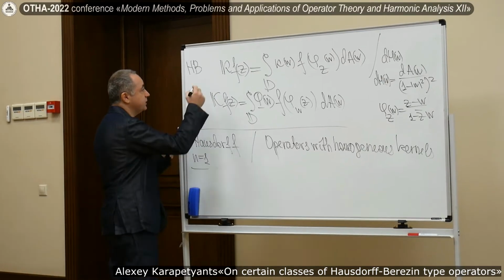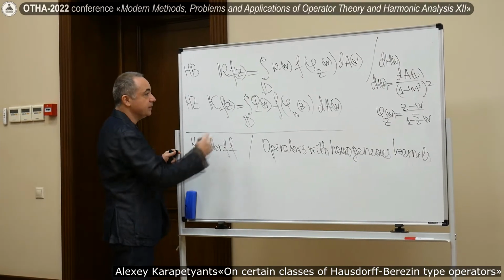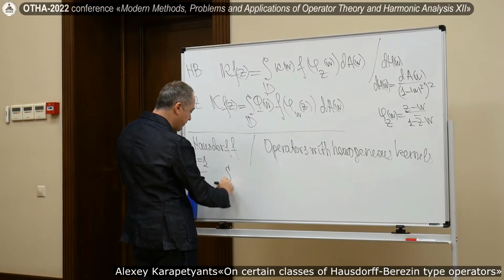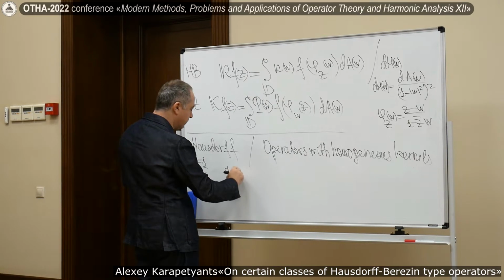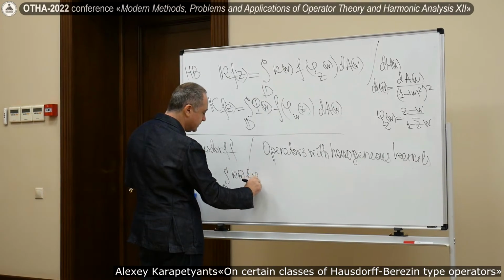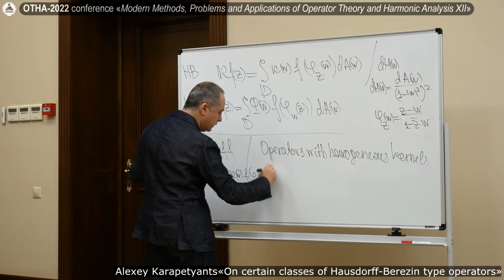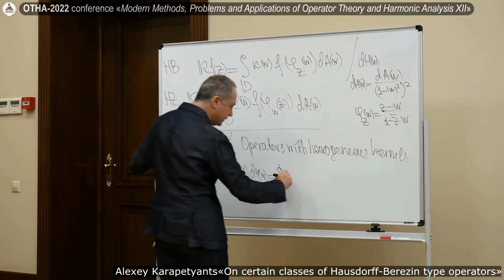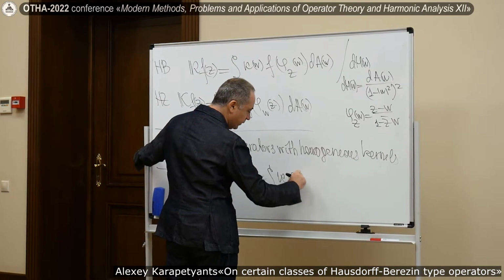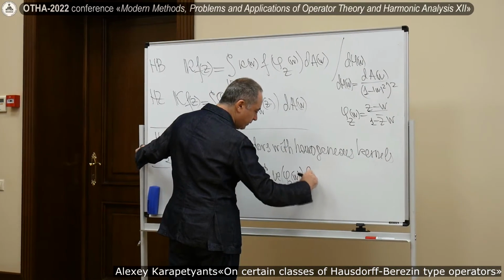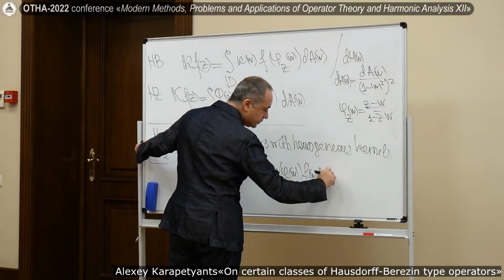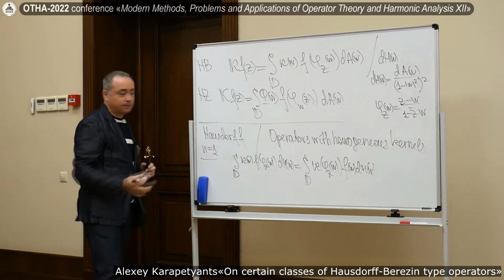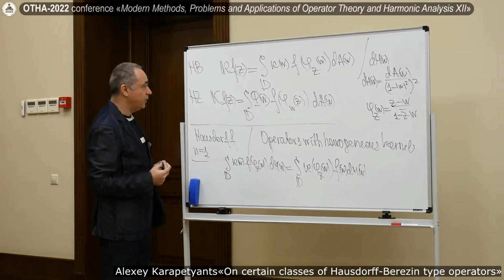One more remark on this idea of homogeneity. If you take this operator with the Haar measure, then you have a very nice property: the integral of K(w) f(phi_z(w)) dH(w) equals the integral of K(phi_z(w)) f(w) dH(w). This is a nice invariance property, a kind of convolution-type property.